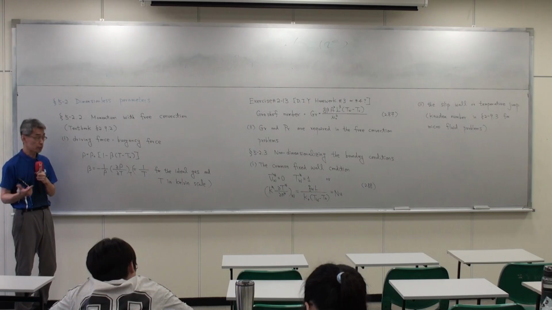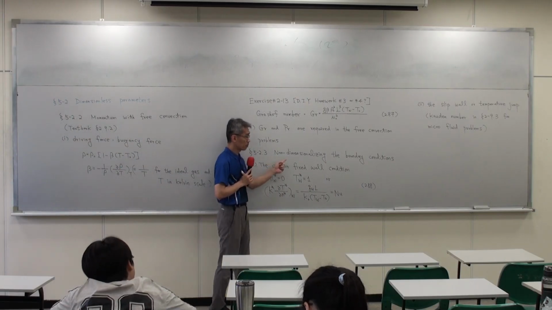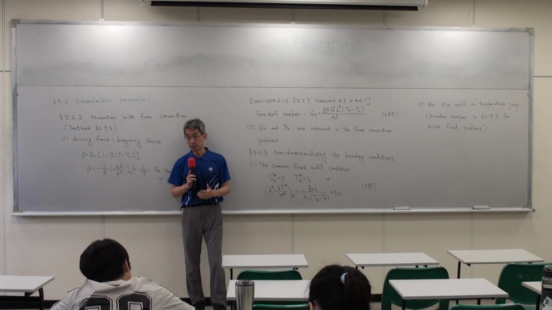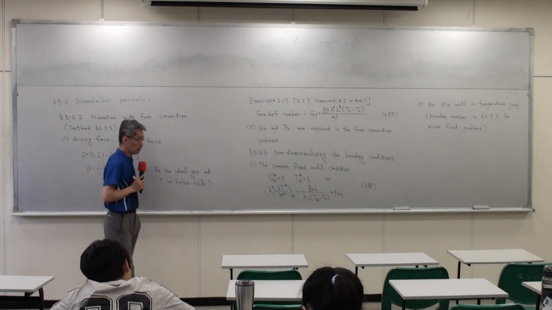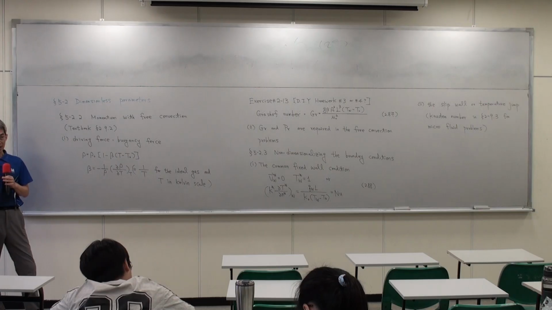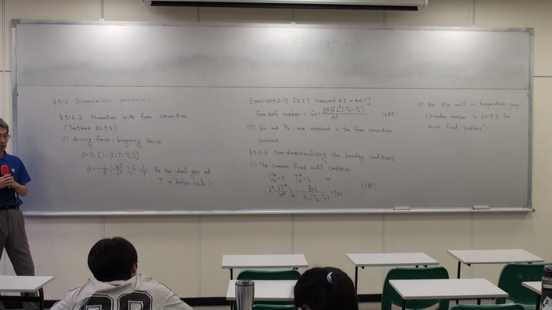Another is we need to do the non-dimensional boundary conditions. Then we can solve the problem. So first, for the free convection, we can apply our governing equation. Which one is the important parameter?